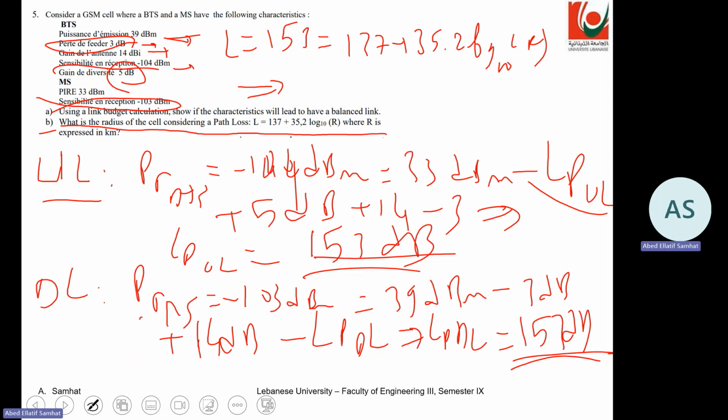I have to make the calculation. So 153 minus 137 is equal to 16.